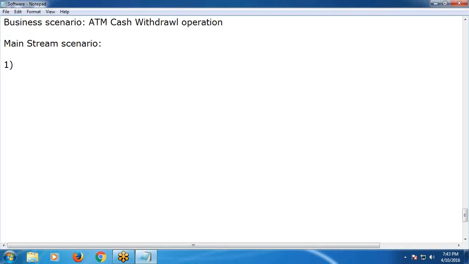First, user inserts ATM card. Next, system. What is the system response? System validates and asks for pin.